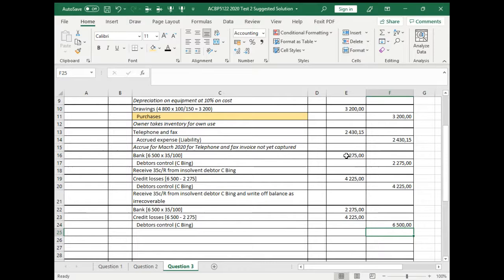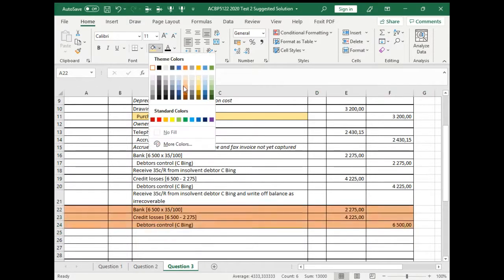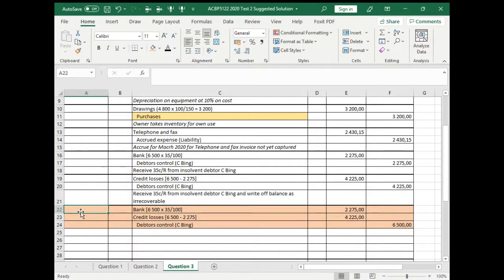So that is how you would have done one entry as opposed to 2.